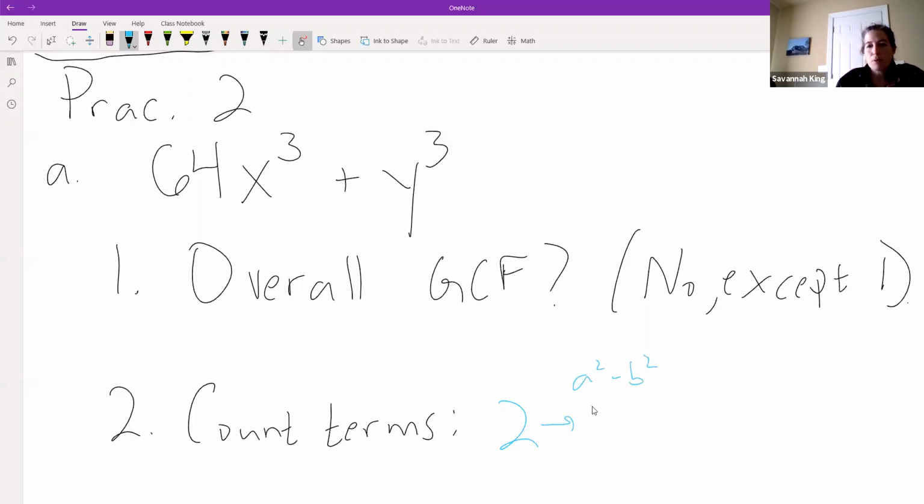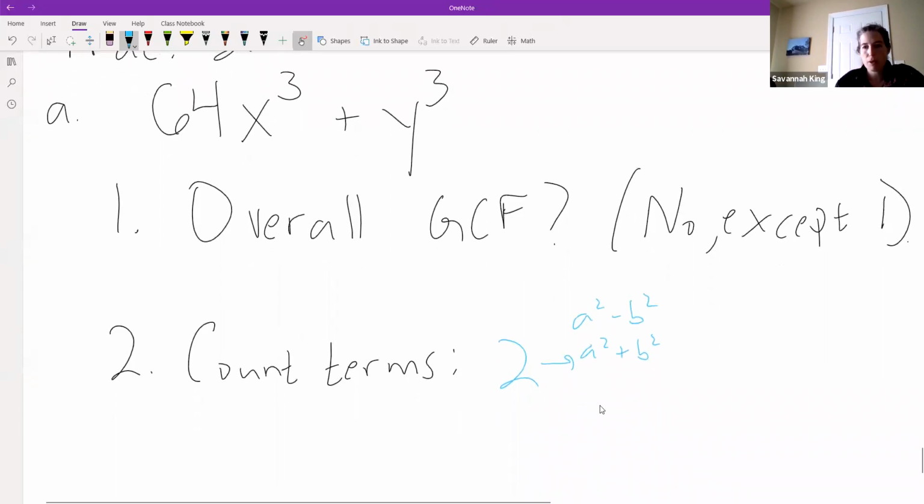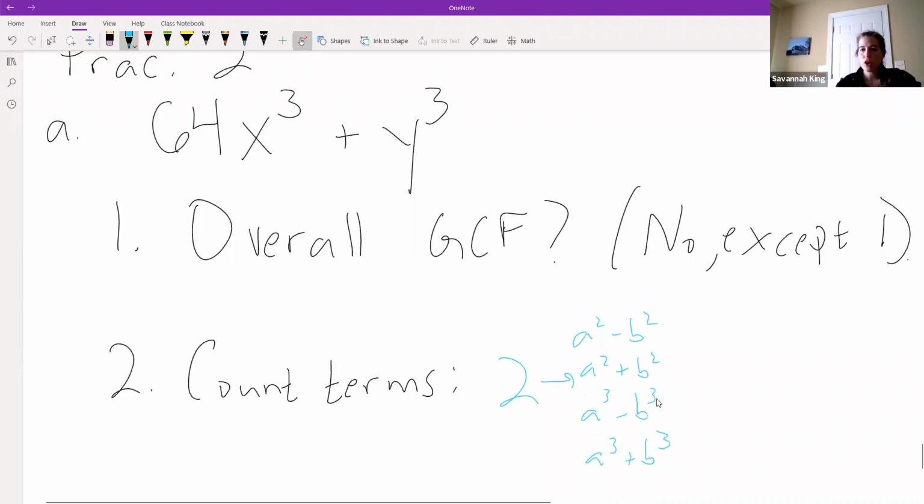So just starting at the top of the list, if we've got 2 terms, our only hope of really being able to do anything is if we get one of these 4. Now, just off the top of your head, and I'll number them to hopefully make it easier, because they don't really have catchy names.